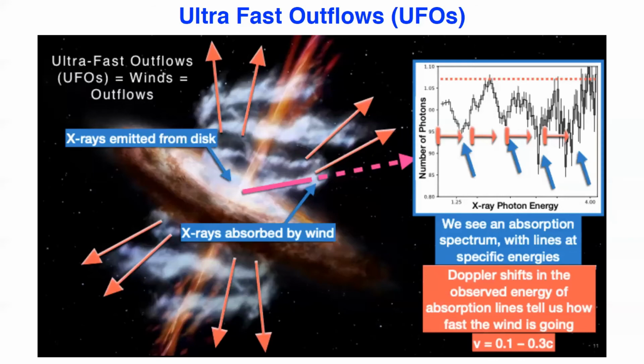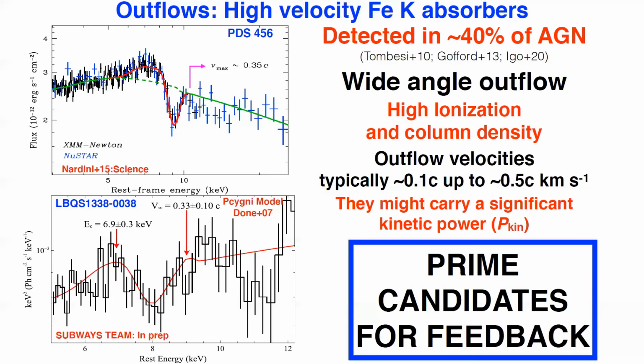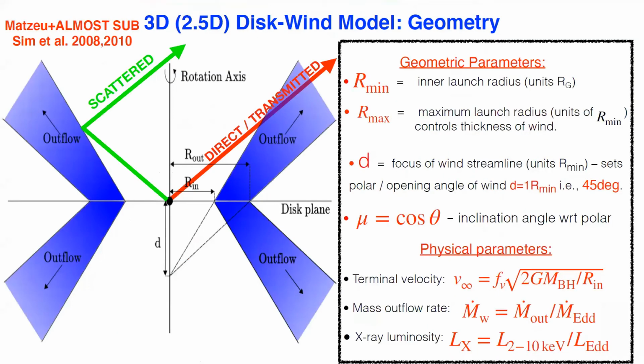Now my study: we know that the signature of the wind is not just in absorption, but also in emission. So I took over this code, which I call the Disk-wind code, developed initially by Stuart Sim in 2008 but then almost forgotten.